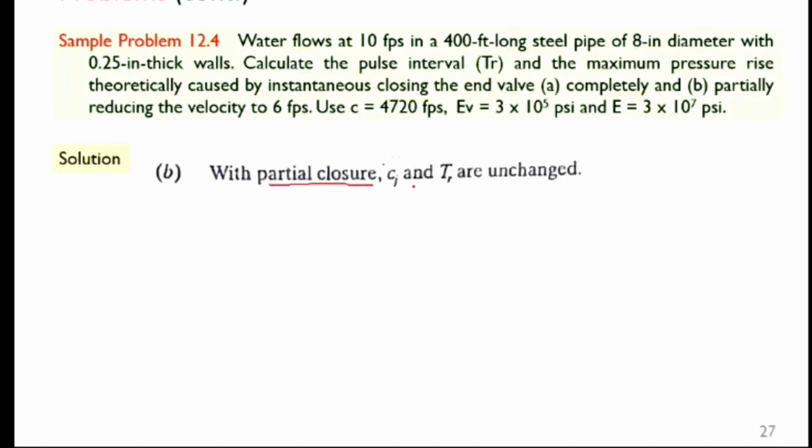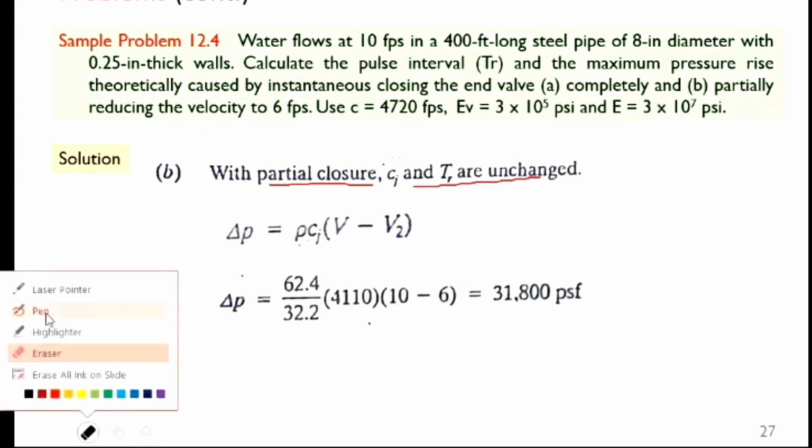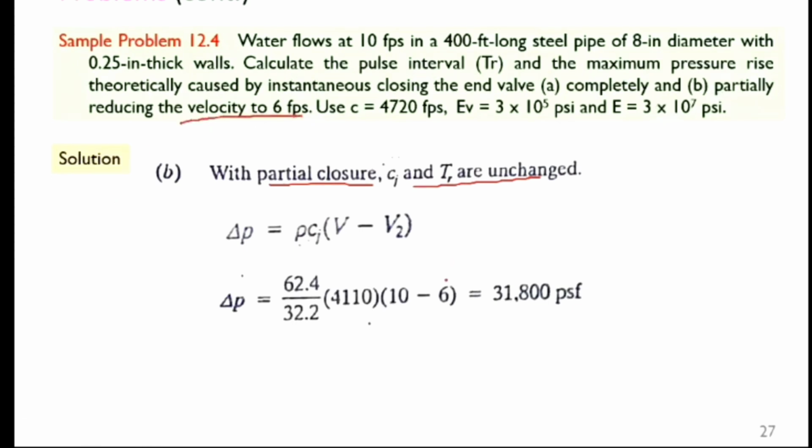The second case is with partial closure. Cj and rho remain the same, but now we have V2 because it is not complete closure. When it is complete closure, this is 0, and this was the formula in part A, but now we are still closing, so the velocity is not reduced to 0 but to V2. It is given as 6 ft per second, partially reducing the velocity to 6 ft per second.